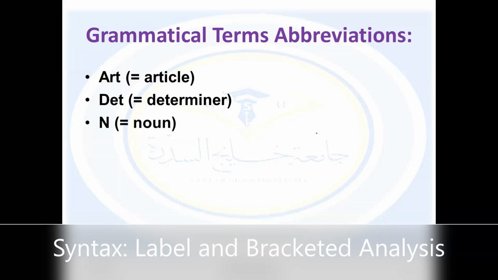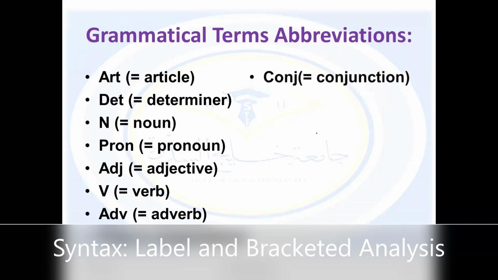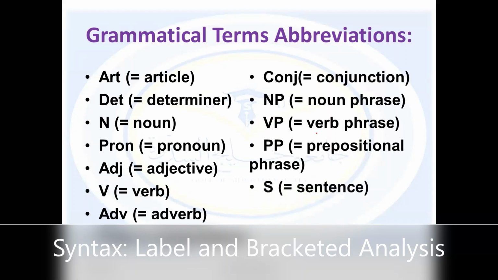Then we'll find some other labels, some other abbreviations: N for noun, pron for pronoun, adj for adjective, V for verb, adv for adverb, prep for preposition, conj for conjunction, NP for noun phrase, VP for verb phrase, and PP for prepositional phrase, and the last label is S for the sentence.